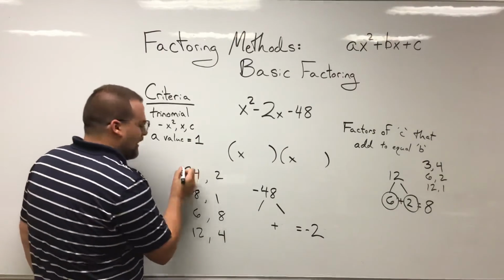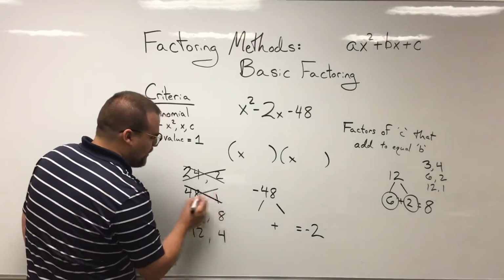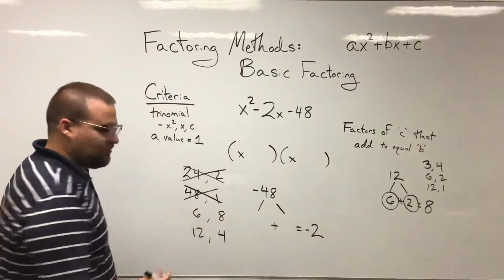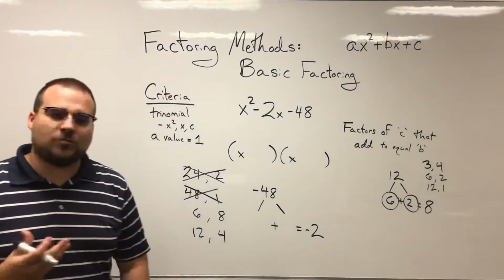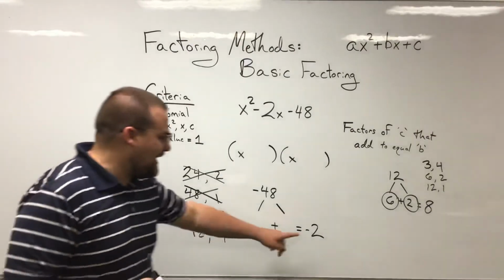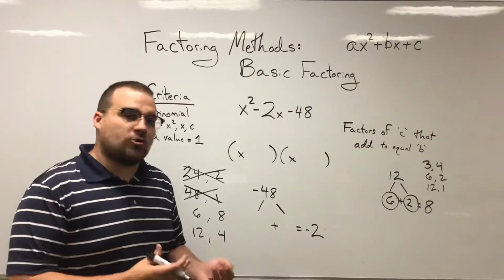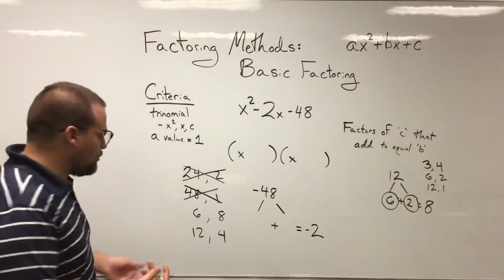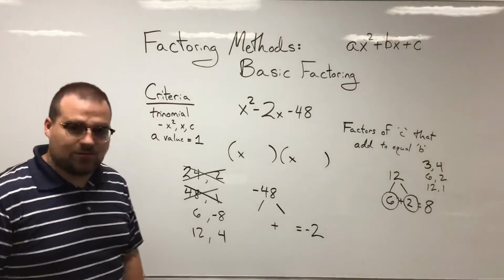No, that's not going to happen. 48 and 1, those are way too big of numbers. 6 and 8, now that sounds possible. Which one would be negative and which one would be positive though? If it's a negative number when they're added together, that means the larger one has to be negative. So therefore it must be a negative 8 and a positive 6.